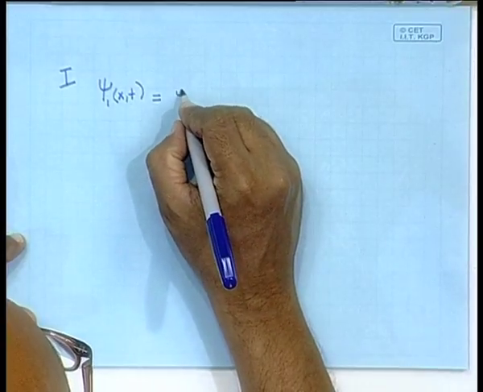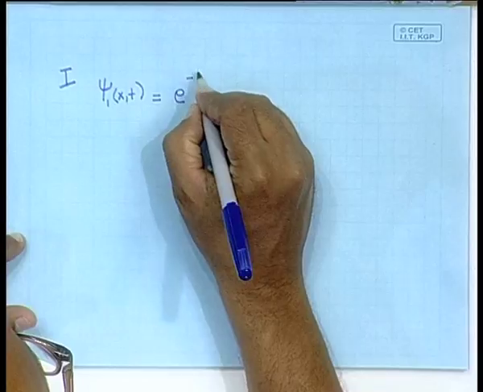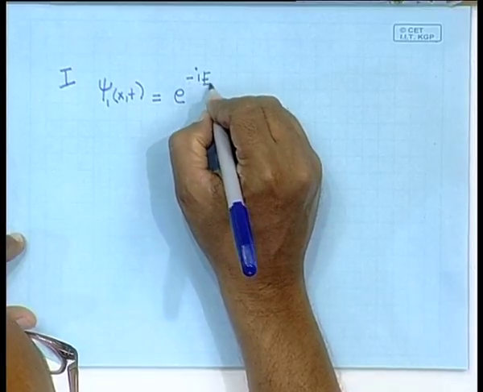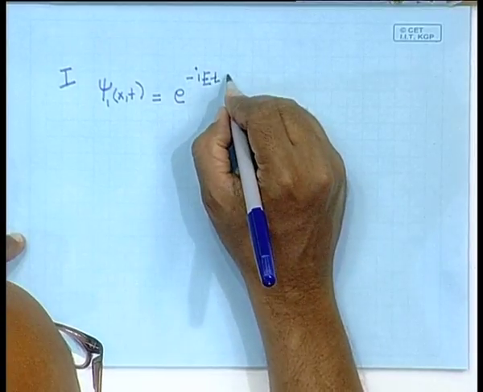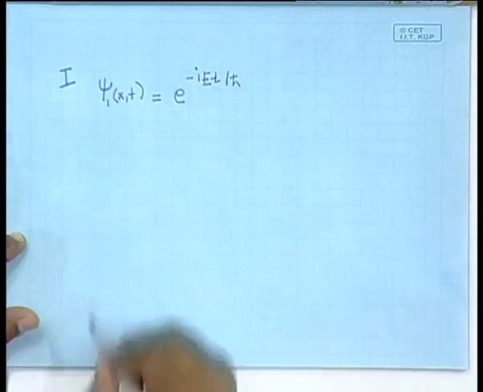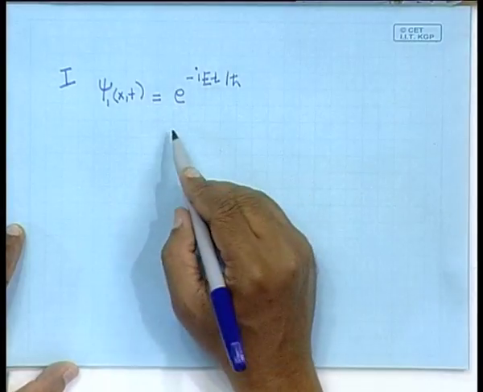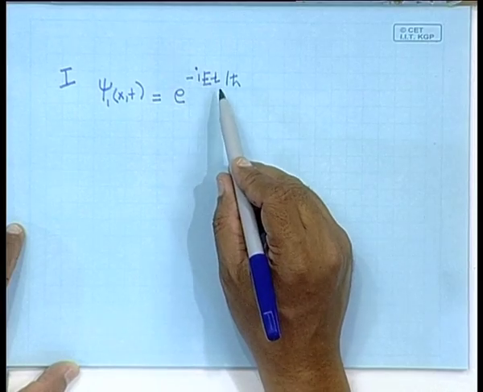e to the power minus i E t by h cross. The time part is going to be e to the power minus i E t by h cross.